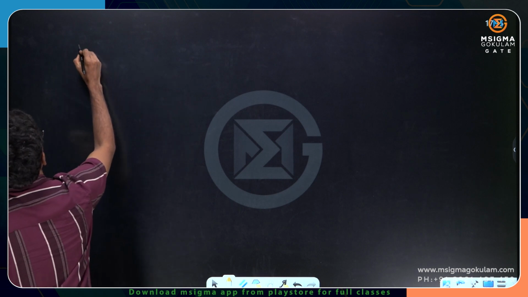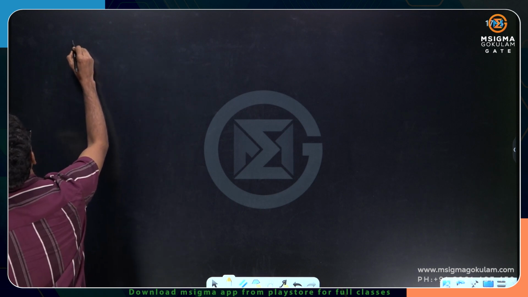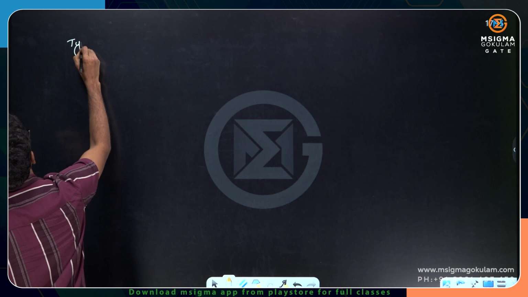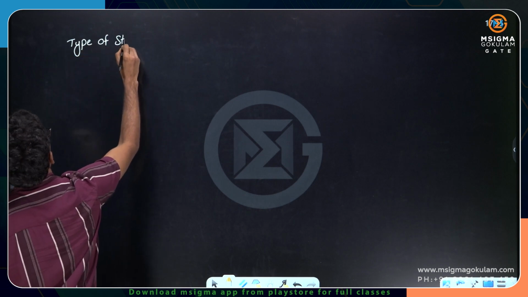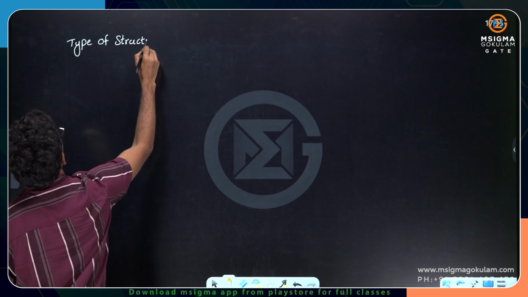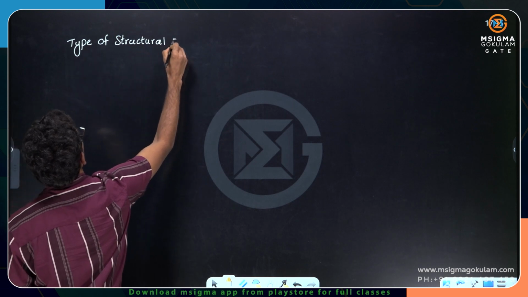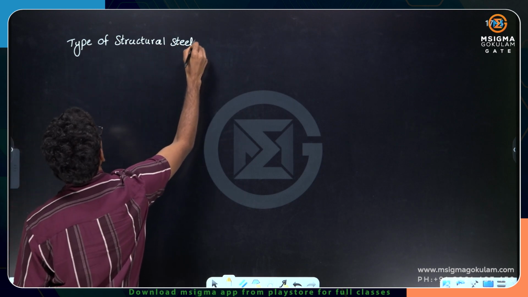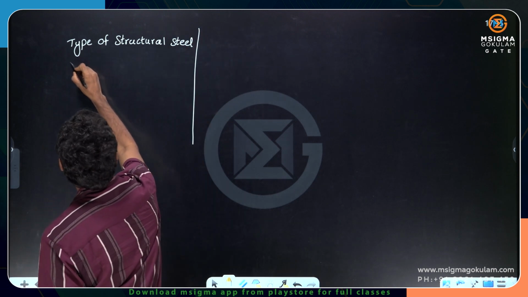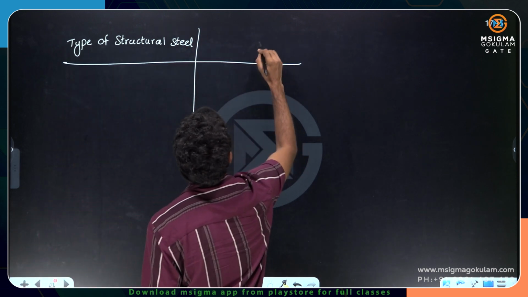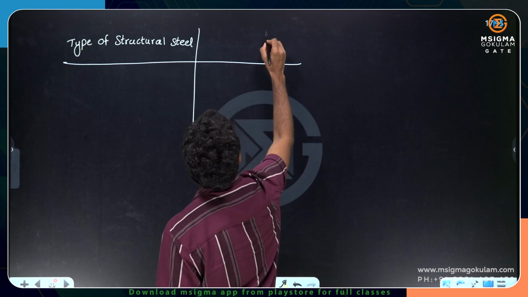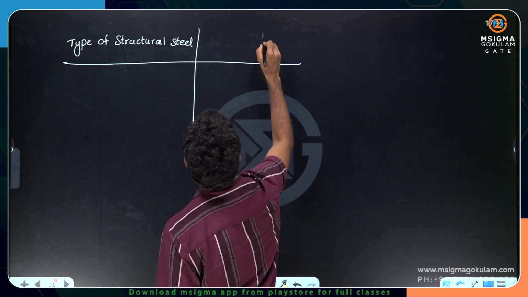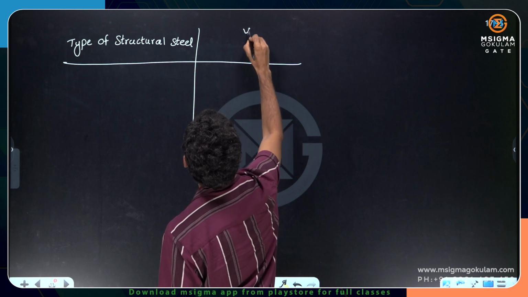So, I can say type of structural steel. This is the type of structural steel we are having. And what are the thicknesses and what are the yield strengths? So, let me talk about yield strength.